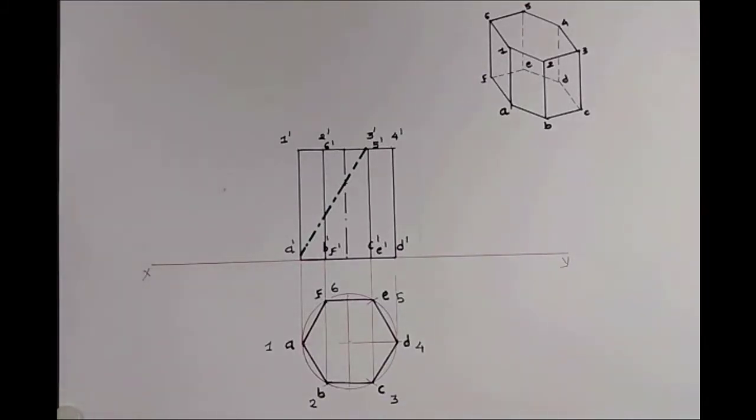So always we show our AIP using the section line.